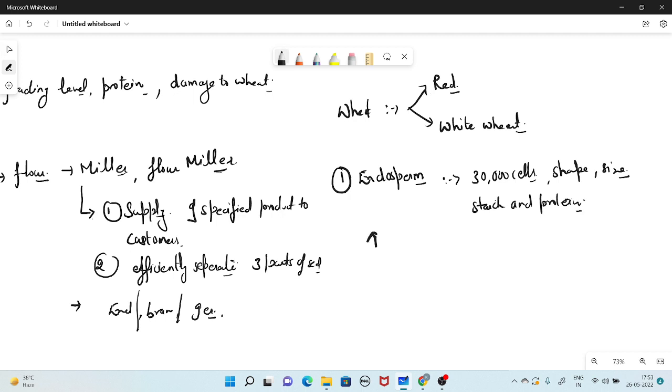So the larger the seed, the larger the endosperm, and the larger the starch content in it, right?